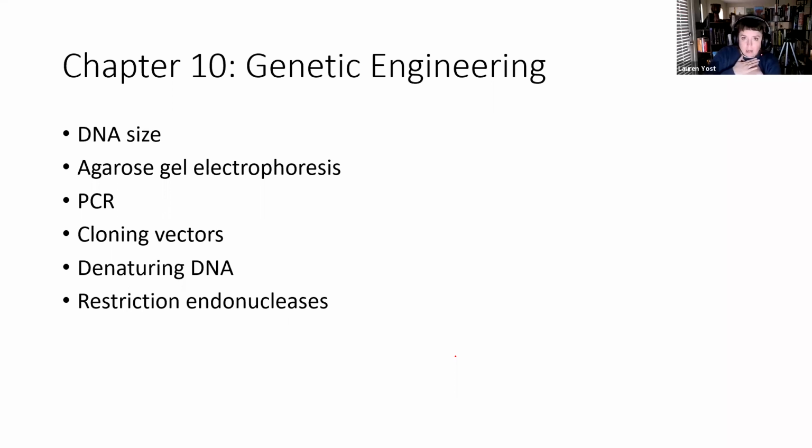If I cut mine with EcoRI or HindIII, and then I cut yours with EcoRI or HindIII restriction endonuclease, my pattern will run out differently than yours will on the gel. And then we can compare and contrast those restriction fragments.